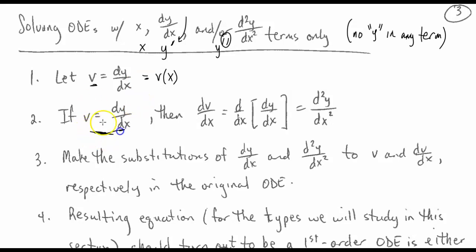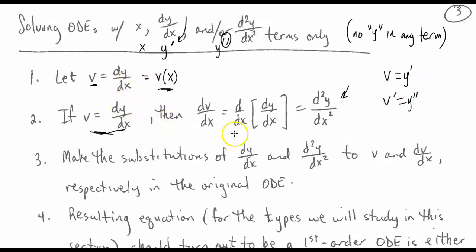So if v is the first derivative of y with respect to x, and v is assumed to be a function of x, then of course the derivative of v in this case is just going to be the second derivative of y. So simply put, if v is y prime, then v prime is y double prime. That's another way to put it.